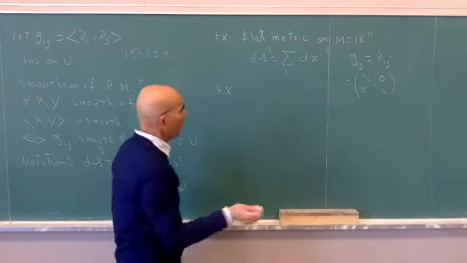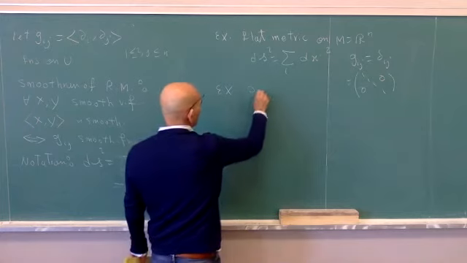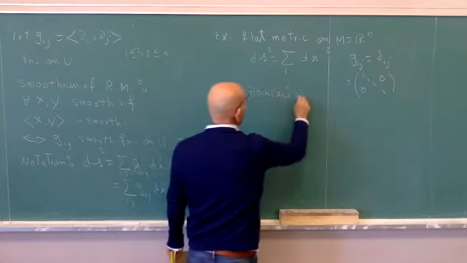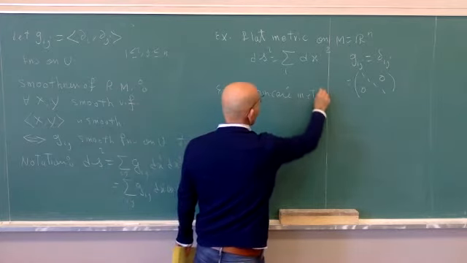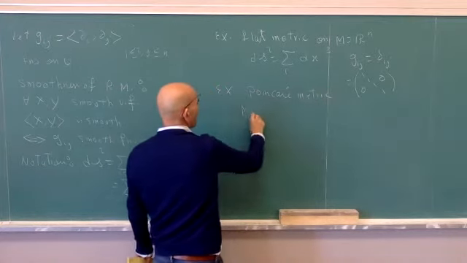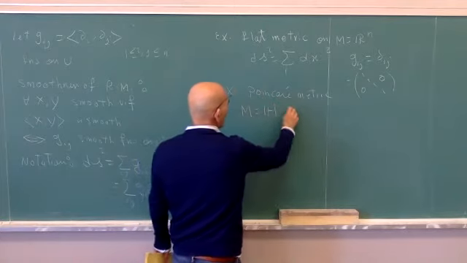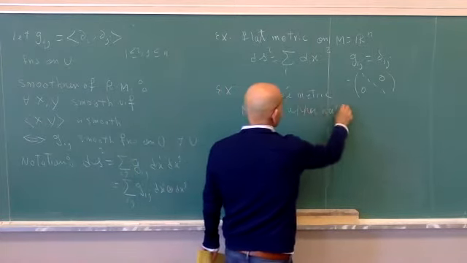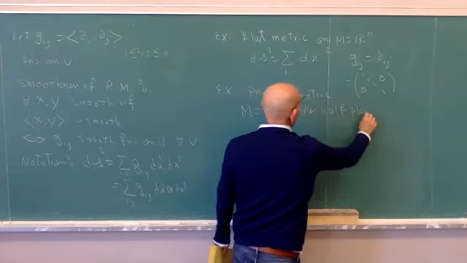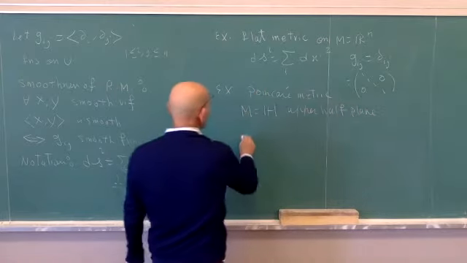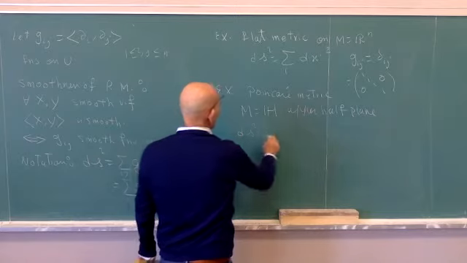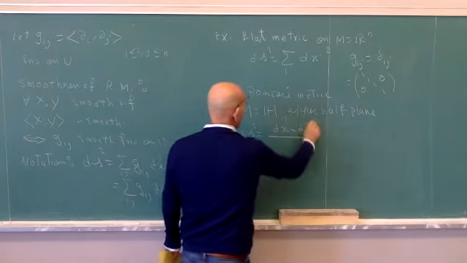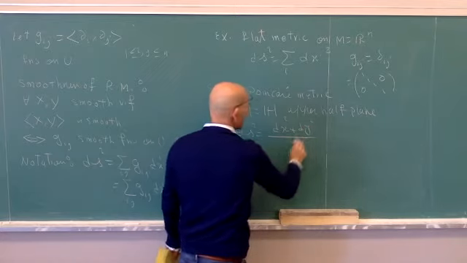Example 2: we can think of the Poincaré metric, for example. There are many metrics, of course. In this case, your manifold is H, the upper half plane, and ds squared is equal to dx squared plus dy squared over y squared.